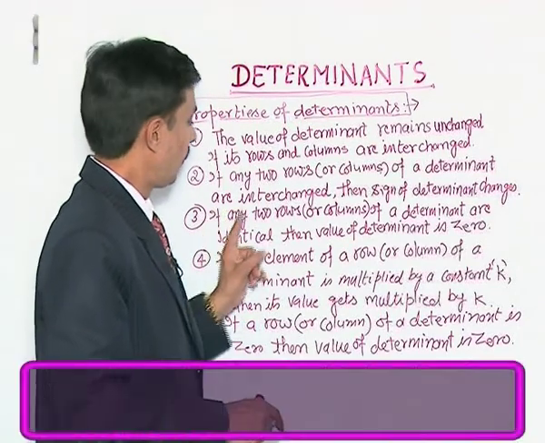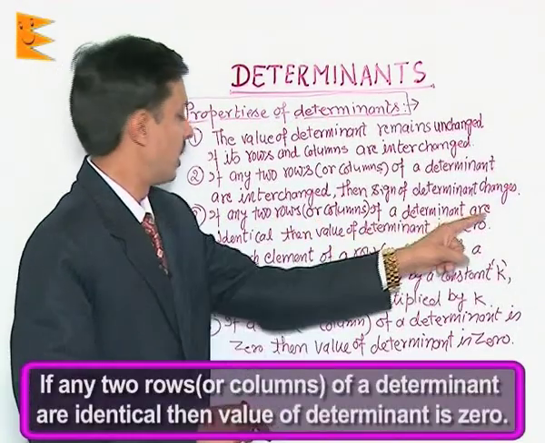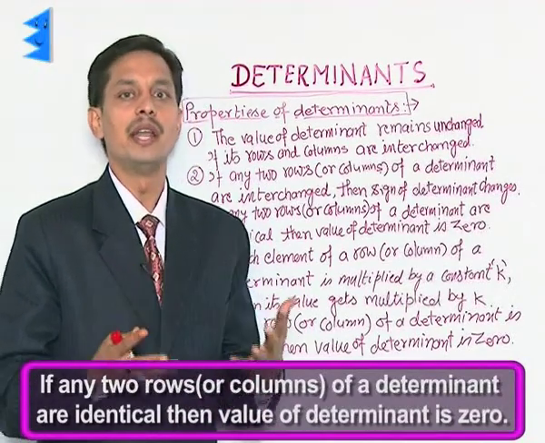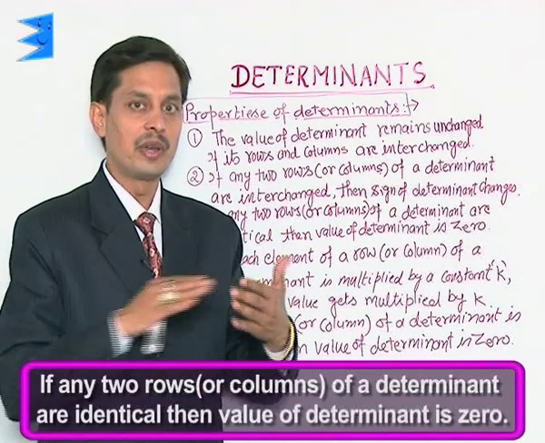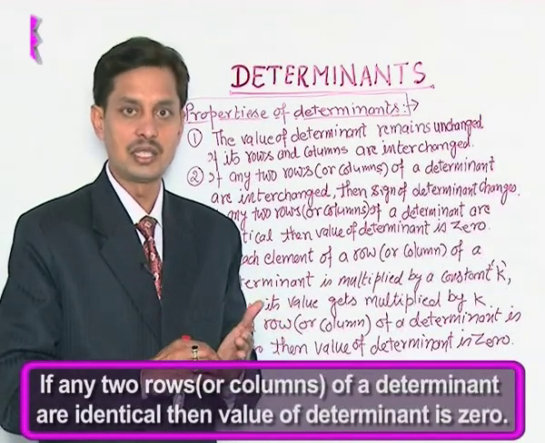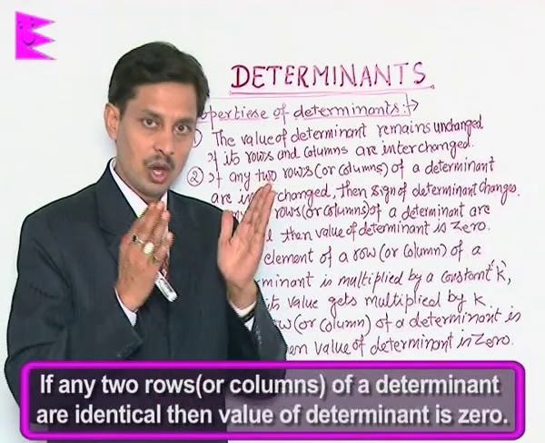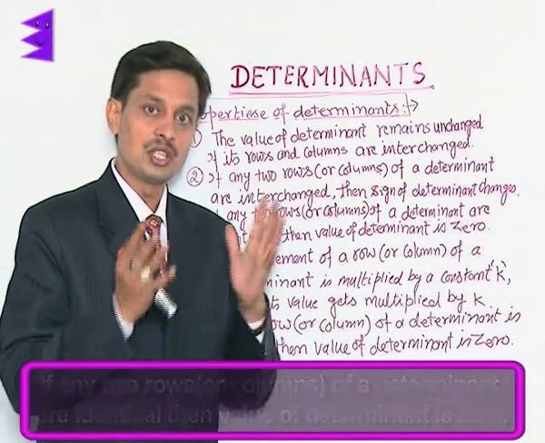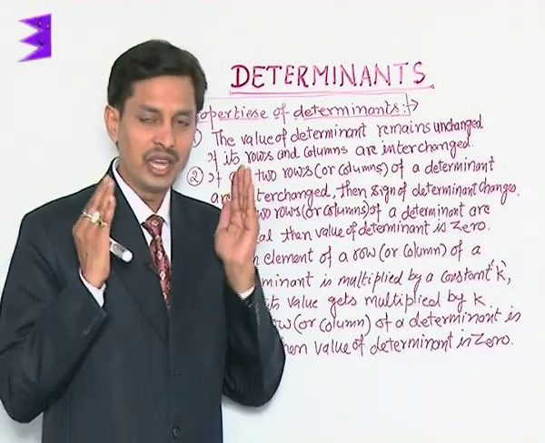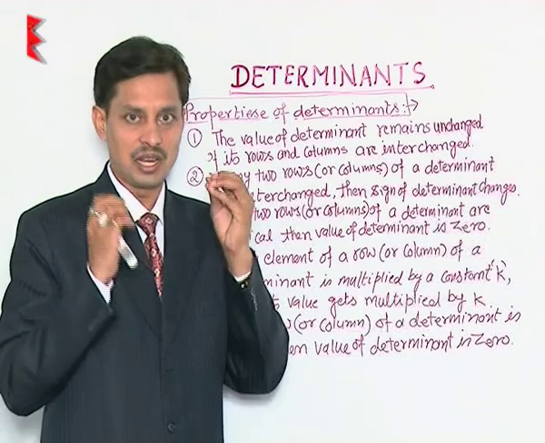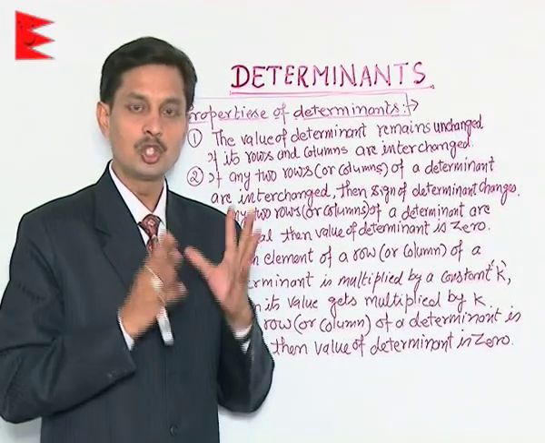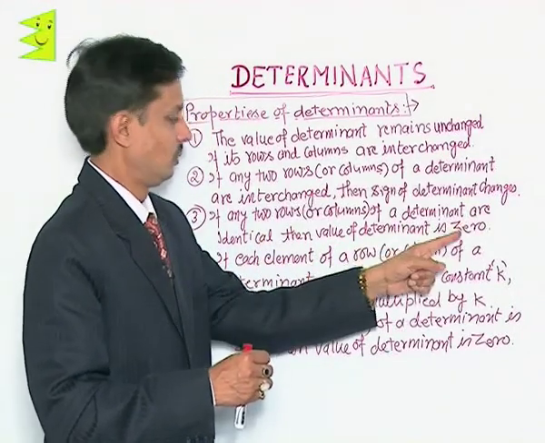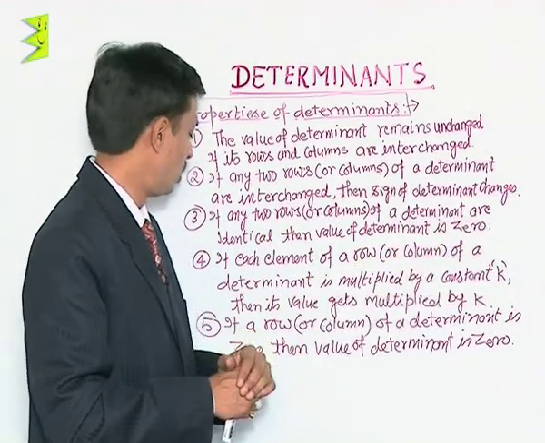Third: if any two rows or columns of a determinant are identical, or proportional, meaning if R1 and R2 are the same, or R2 and R3, or R1 and R3, or C1 and C2, or C1 and C3, or C2 and C3 are the same, if any two rows or columns are either identical or having the same ratio, then the value of that determinant comes out to be 0.